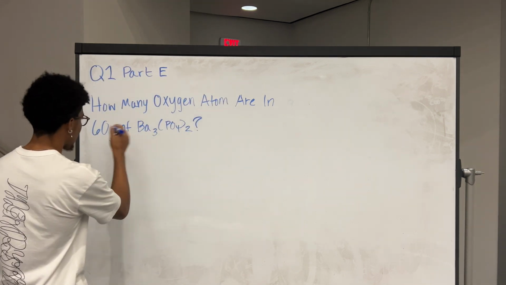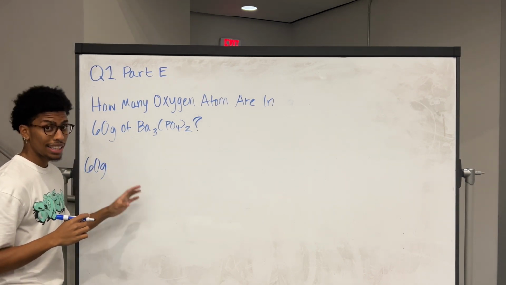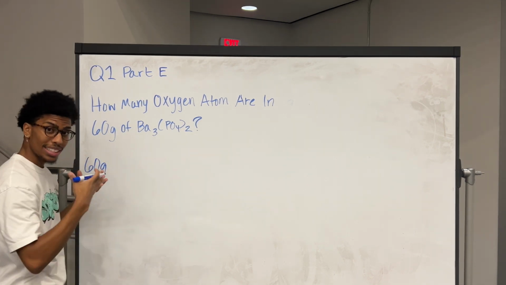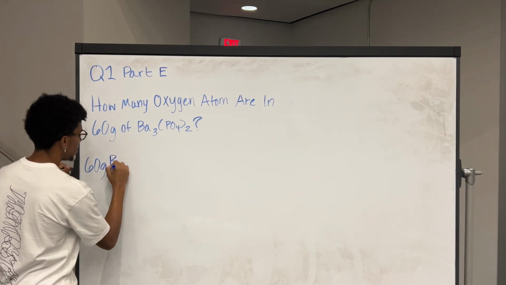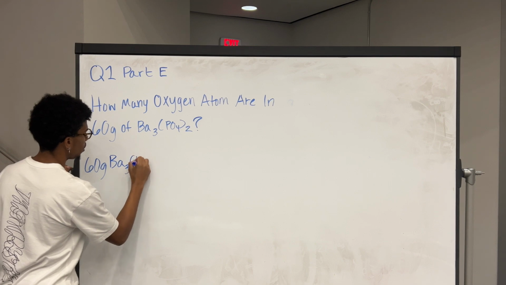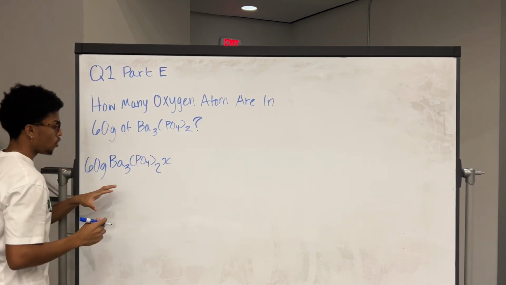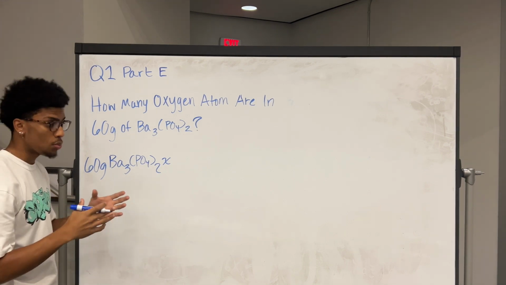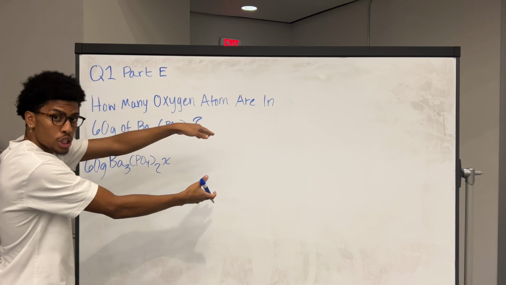So we're starting with 60 grams. And you'll see this is why it's important to label things, because when it gets long, you want to label it so you know what everything is. We have 60 grams of barium phosphate. If we want to go from grams to moles, because we can't just go straight to particles or atoms, we have to go through the middle, which is moles.